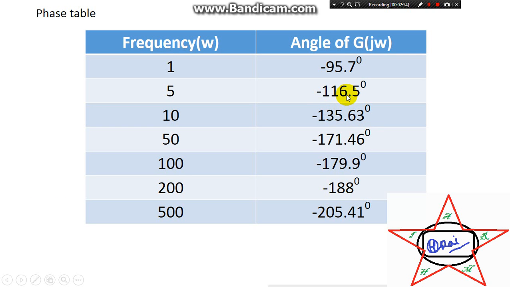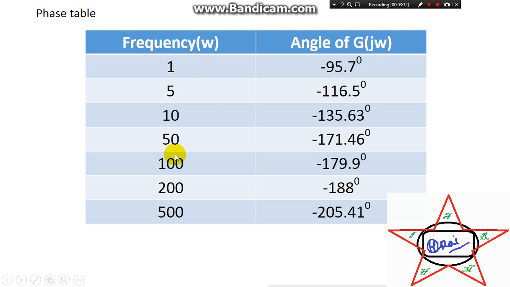So you may consider it 96 degree, and this one 117 degree. If we put omega value 10, then we get 135.63 degree, that is nothing but you can consider it 136 degree.